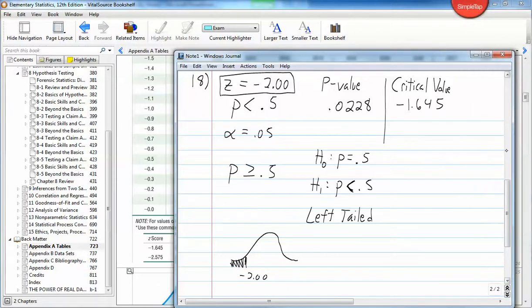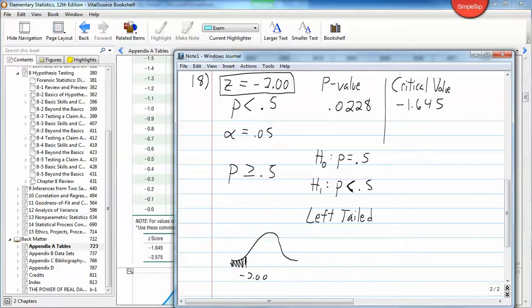Okay. Now, just as a little extra added bonus to this problem, you will not be charged extra for this, I'm going to show you, would we reject or fail to reject this claim with each of these? And we should get the same answer for both of them. Okay? So, the p-value method to figure out whether you want to reject H sub 0 or fail to reject H sub 0: you look at the p-value and you look at the significance level.